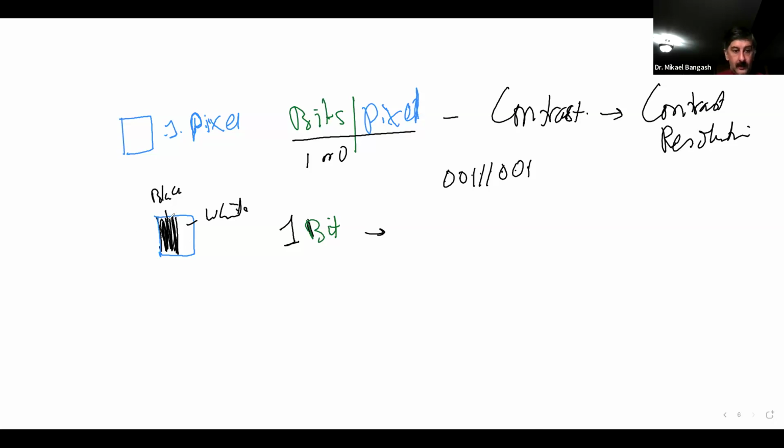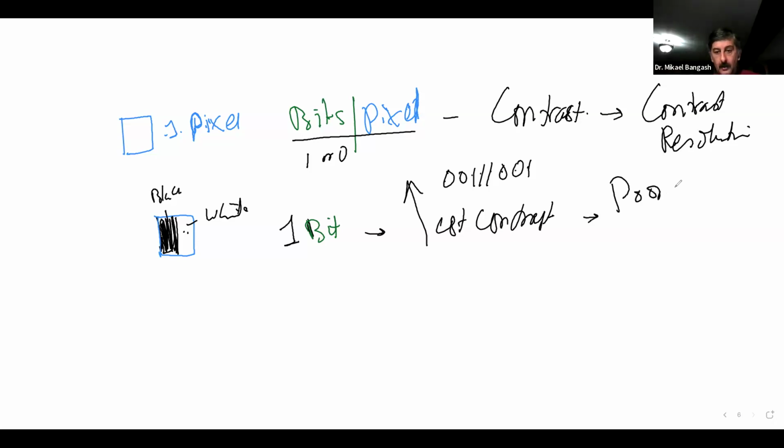We said this was the greatest contrast, because we were only able to have 2 possible shades, black and white. And due to the greatest contrast, we will have the poorest contrast resolution.